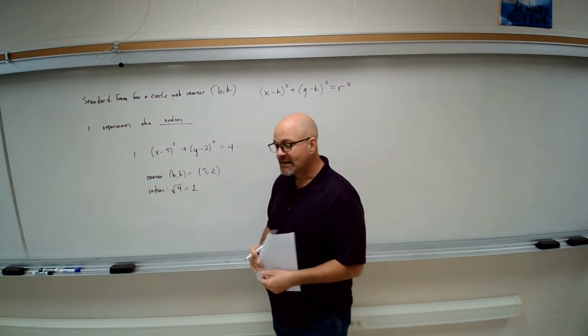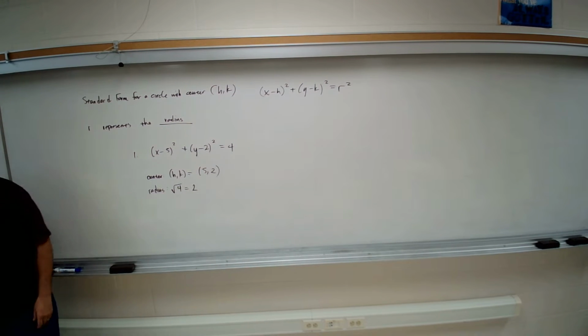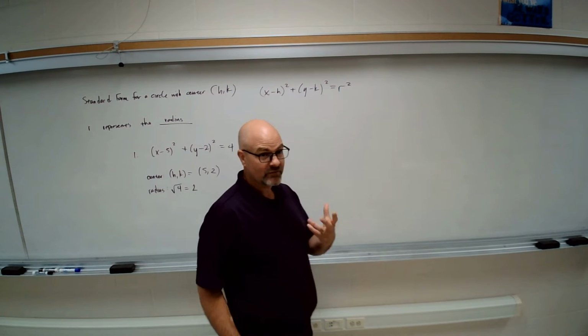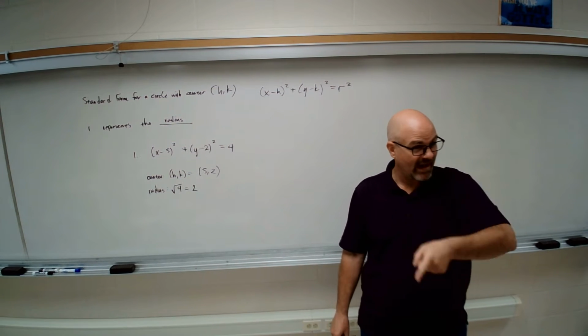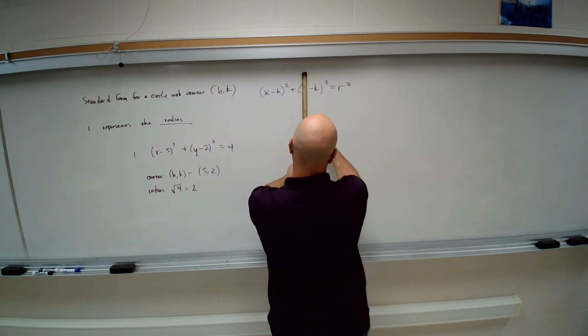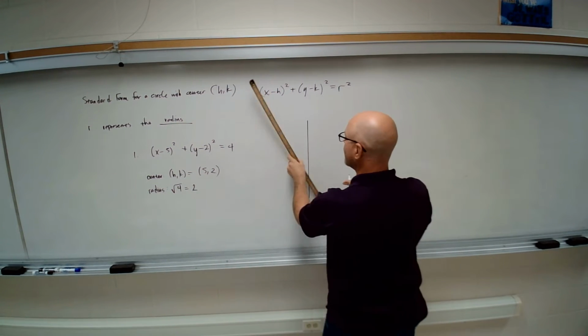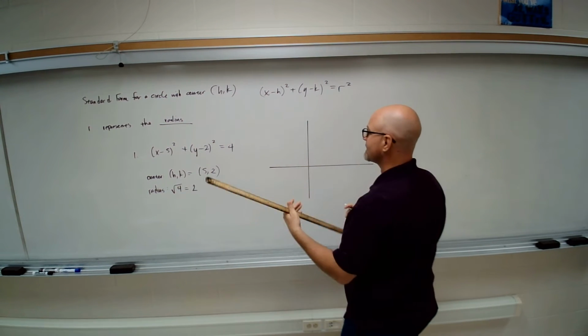A little bit of a difference between parabolas and circles is that with parabolas, the vertex was actually a part of the shape. Here the center's not. The circle is the actual points along the outside. They're all equidistant from the center. That's kind of how we can define it. So let's look at how we could sketch this.